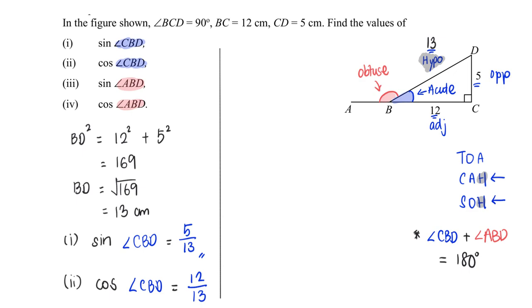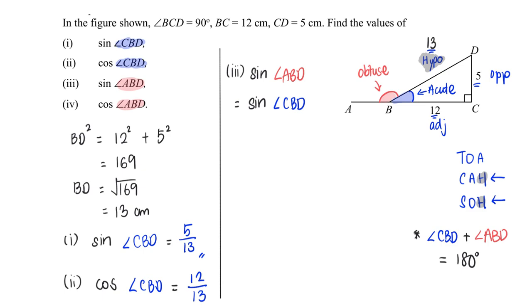So for part 3, the sine of an obtuse angle is equal to the sine of the acute angle.